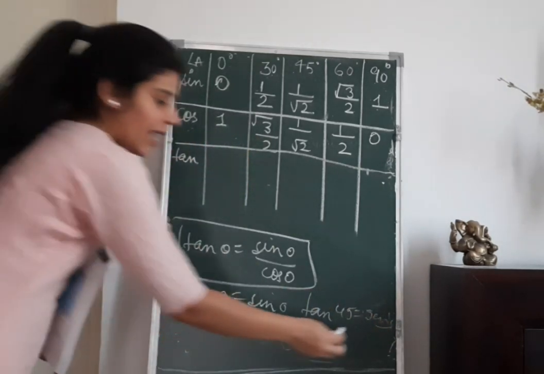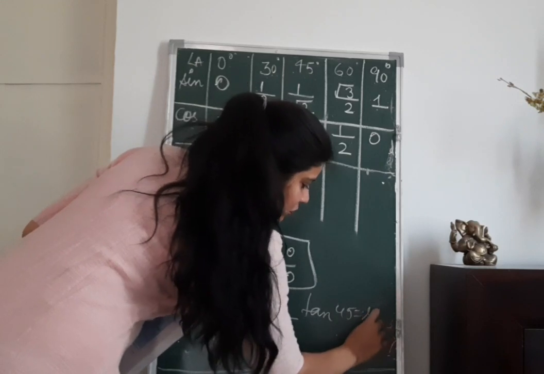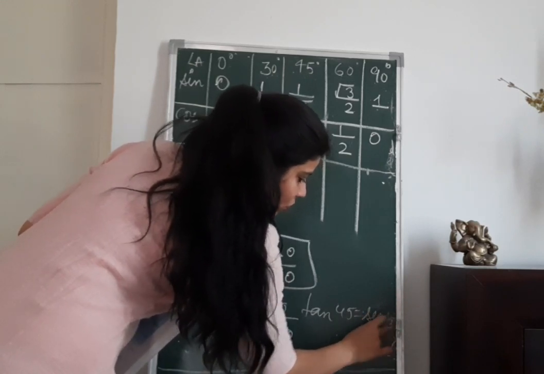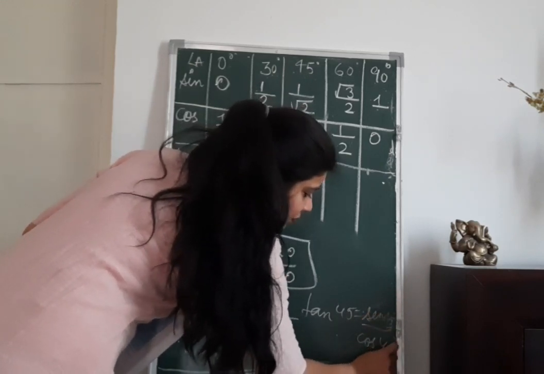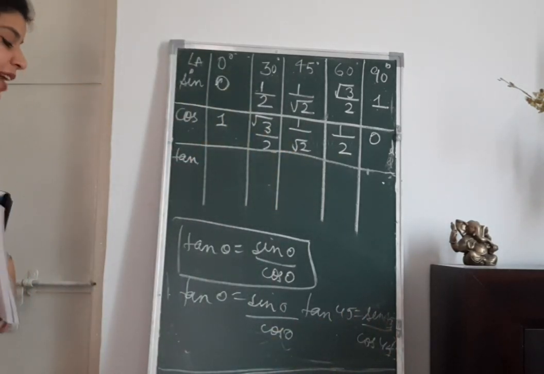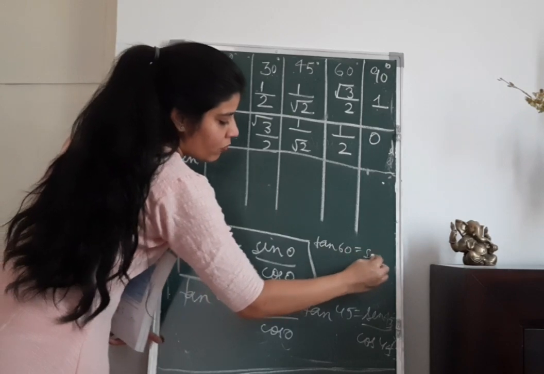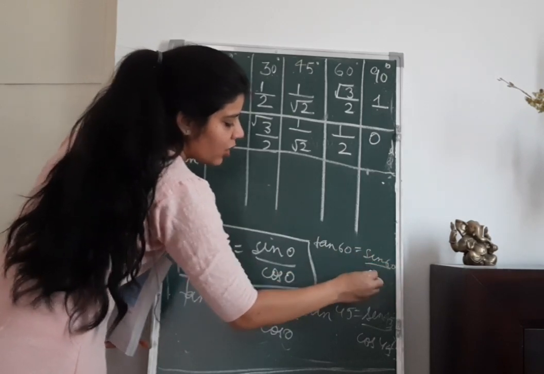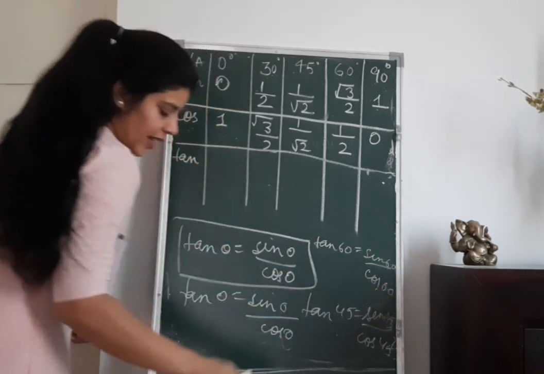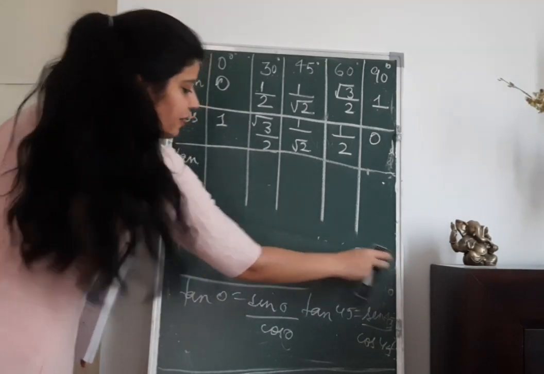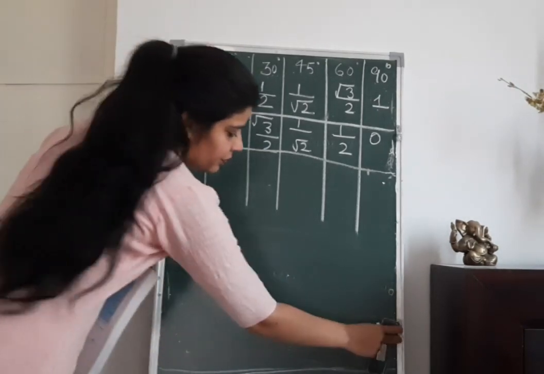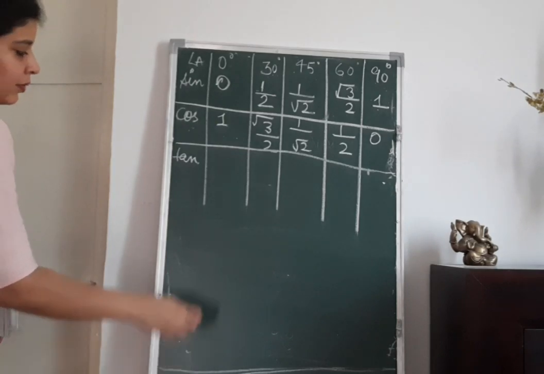Tan of 45 is sine 45 over cos 45, right? Tan of 60 will be equal to what? Sine 60 over cos 60, right? So if I divide these values, right?